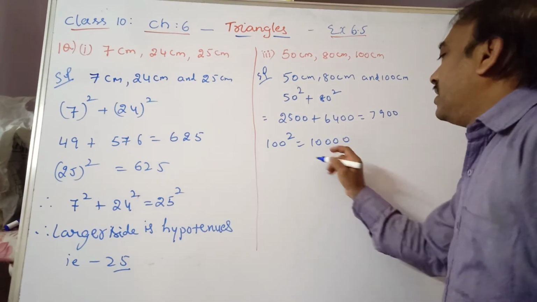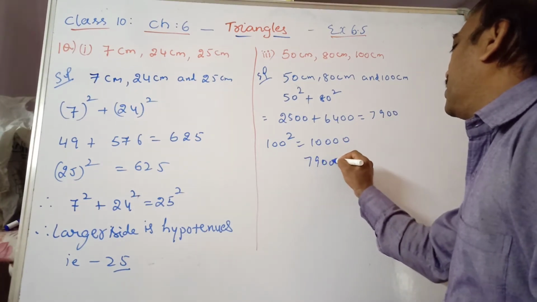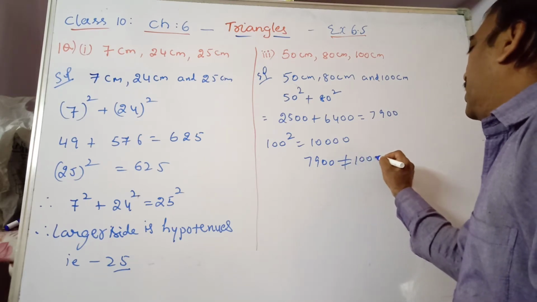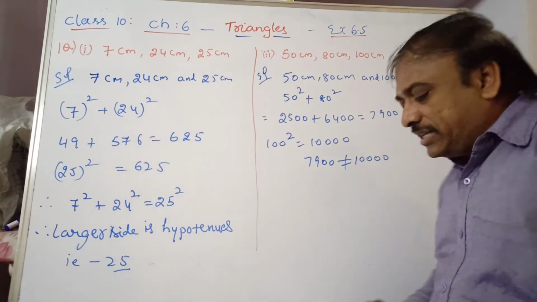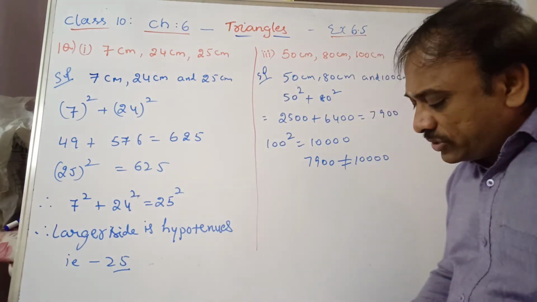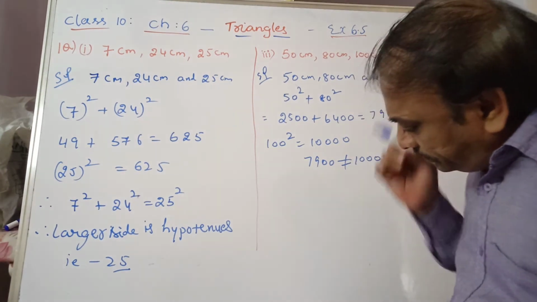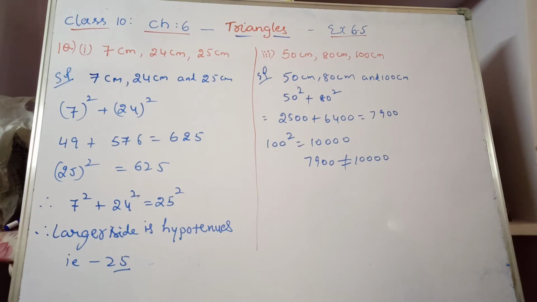Are they equal? Observe it clearly. 7,900 is not equal to 10,000.